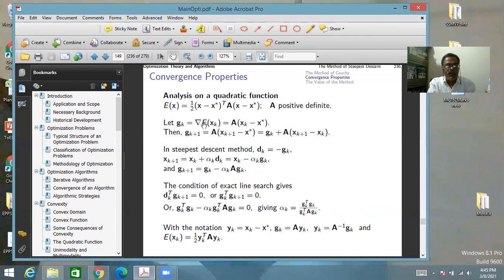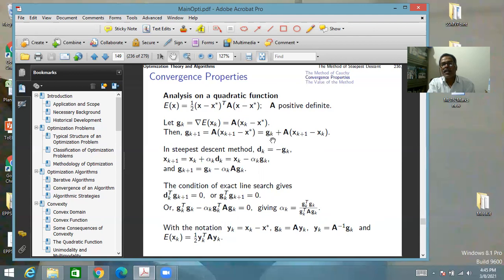So we evaluate the gradient of this, that is simply A times (x_k minus x star). Differentiate it, put x equal to x_k. And at x_{k+1}, the gradient would be similarly this. And if you use this g_k expression here, then you will get A times (x_k minus x star) plus A times (x_{k+1} minus x_k), which is this.